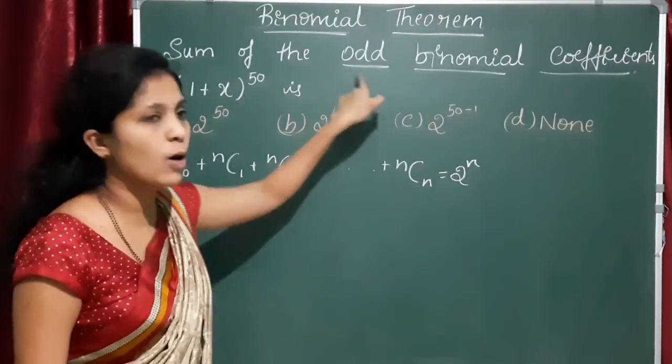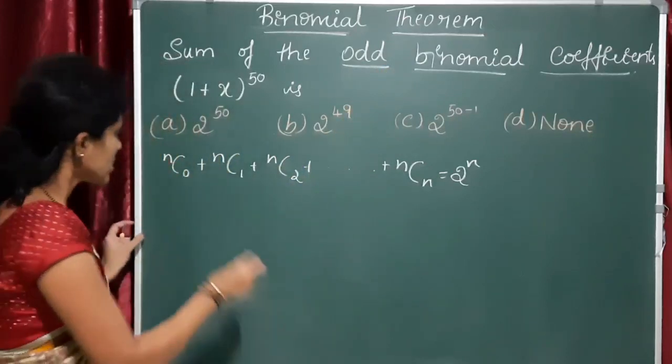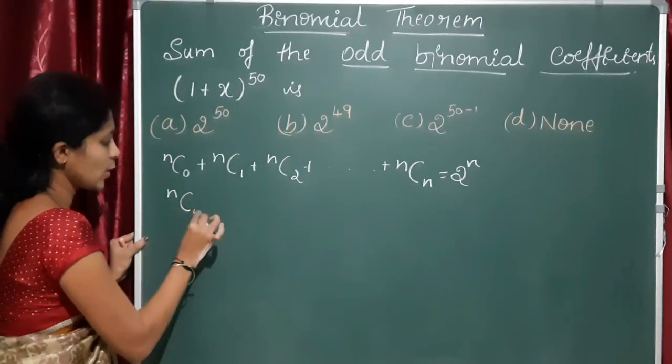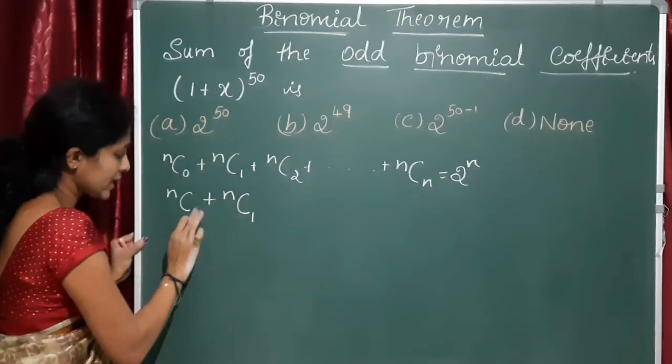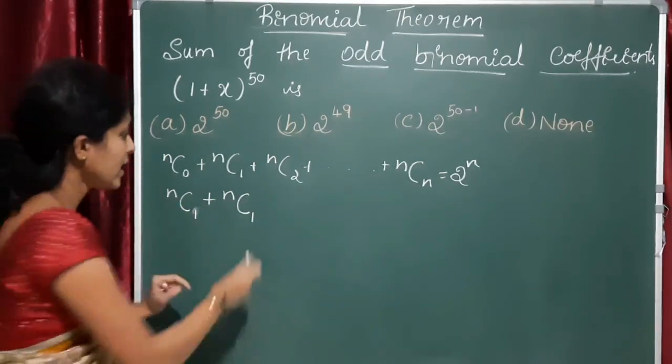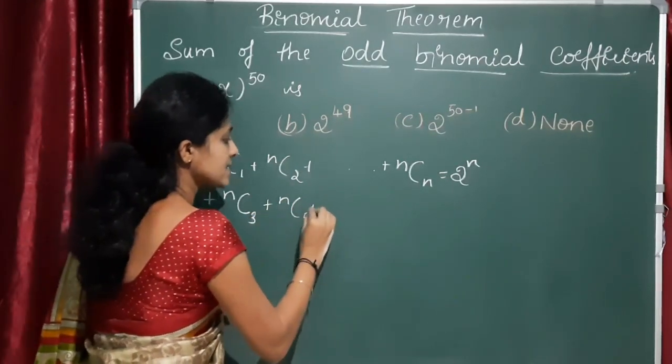Now what is the sum of the odd binomial coefficients? I hope you have studied that also. So odd coefficients means nC1 plus nC3 plus nC5 and so on.